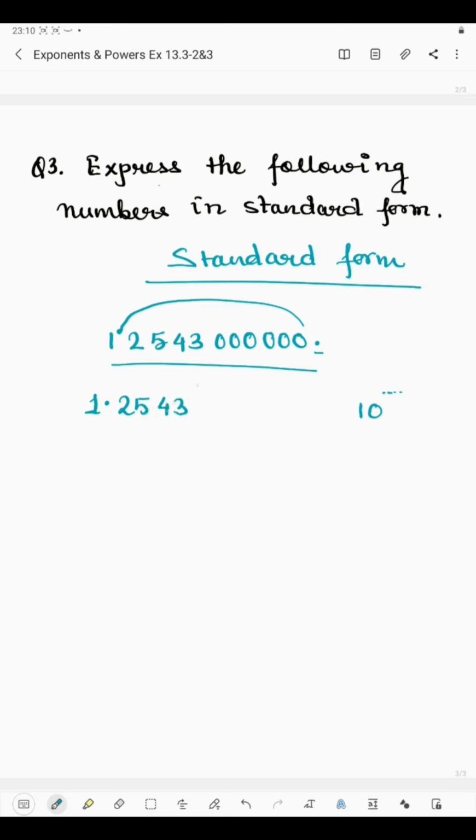Then we will put a multiply sign and then write 10, and after that we count the number of places the point has been shifted. So 1, 2, 3, 4, 5, 6, 7, 8, 9, 10. So the power of 10 will be 10. So this number can be written in standard form in this way. If you multiply these two, you will get this number.